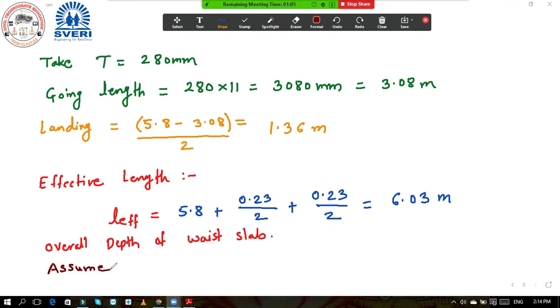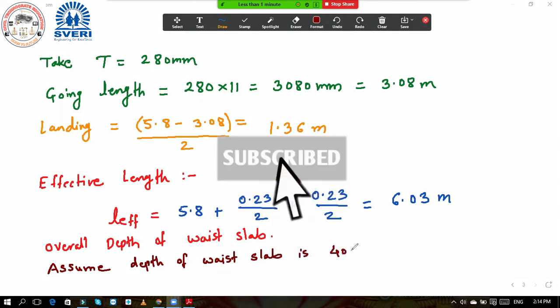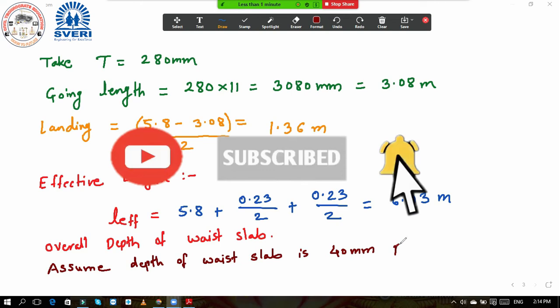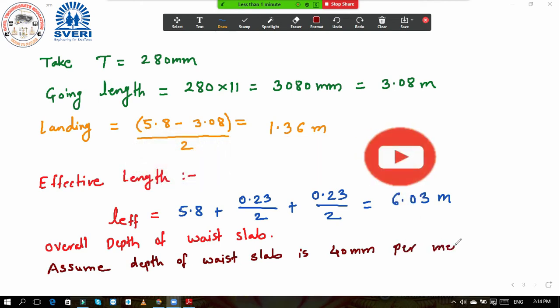We will assume the depth of the waist slab is 40 mm per meter span. Okay. It is 40 mm per meter span.